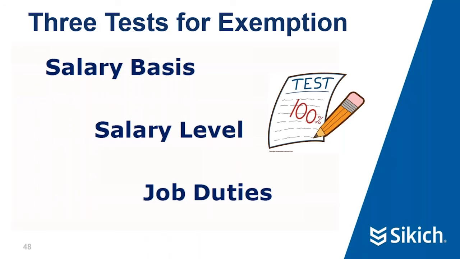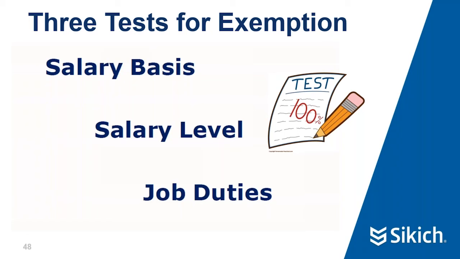So as I mentioned earlier, there's 3 tests for the exemption. Now, the job duties test is where the most misclassification occurs. So the salary level is the minimum weekly salary threshold.